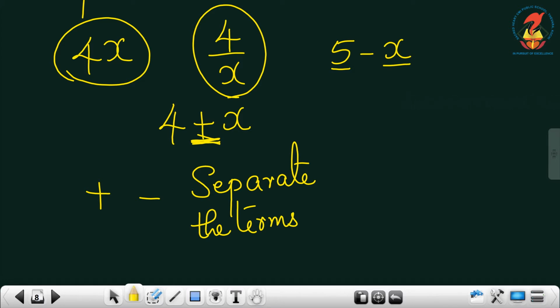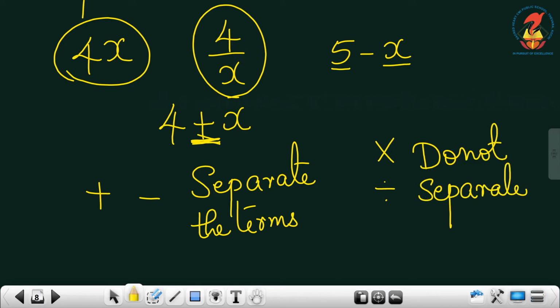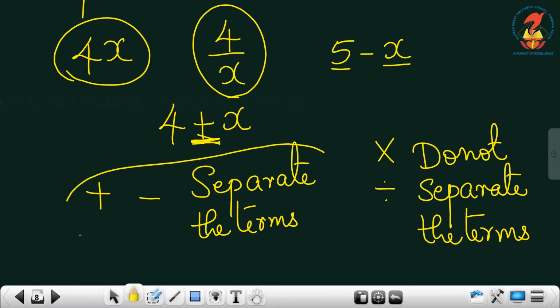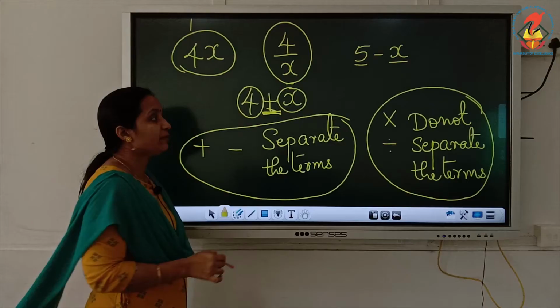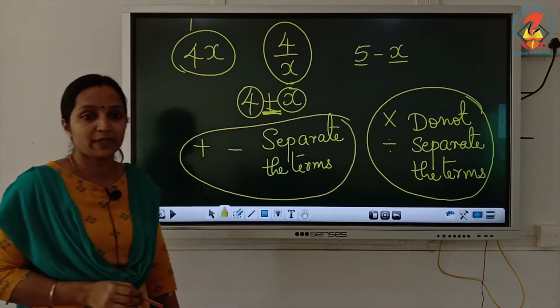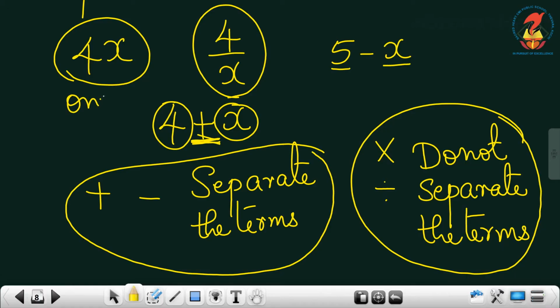But remember, children, multiplication sign and division sign do not separate the terms. That's why we are saying there are two terms in this expression. In the same way, here also there are two terms in this particular expression. Here it is only one term, and here also, 4 by x, is just one term.